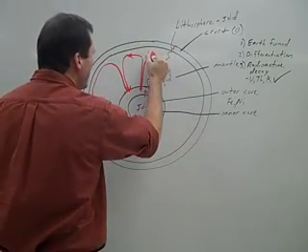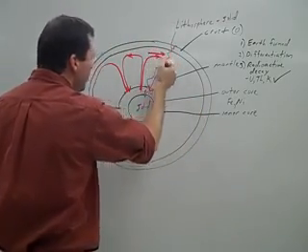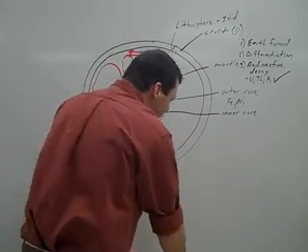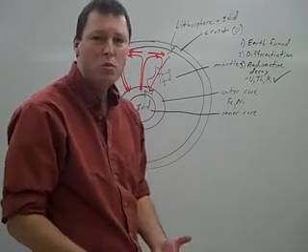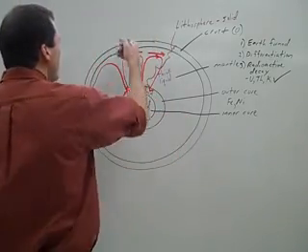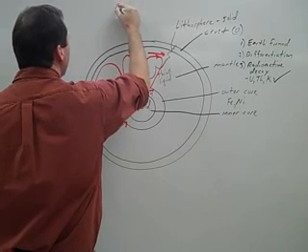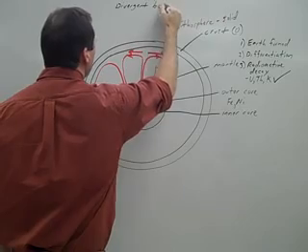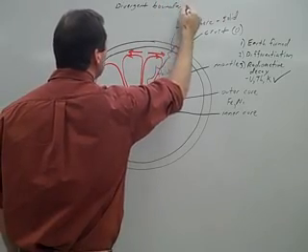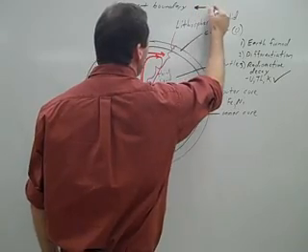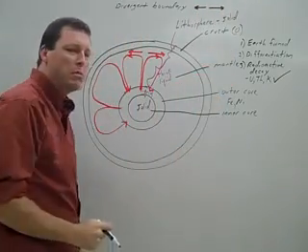These tectonic plates are actually, in this region, moving away from each other. And we've got a special name for that. That is referred to as a divergent boundary. So I'm going to go ahead and write that down up here. A divergent boundary. And what's happening here is the plates are actually moving away from each other.